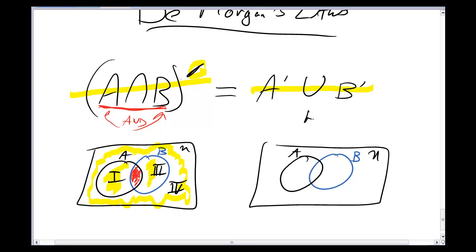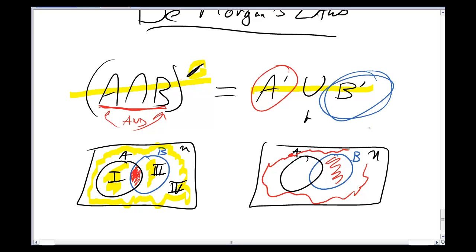Let's go over to this one and see if I get the same sort of stuff. So first, let's talk about what A complement is. A complement is all the stuff that's outside of A. This is an A, this is an A. So this part here is outside of A, as well as all this. On the other hand, if I talk to you about B complement, what's outside of B?